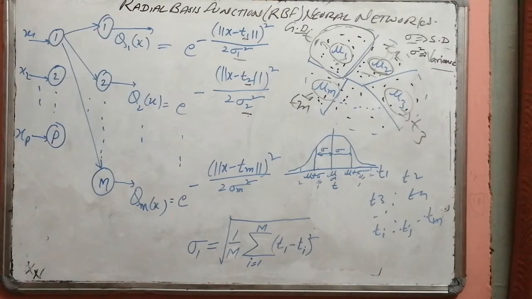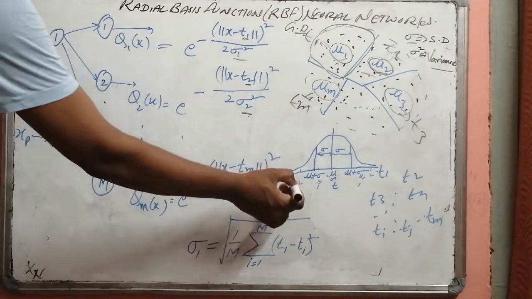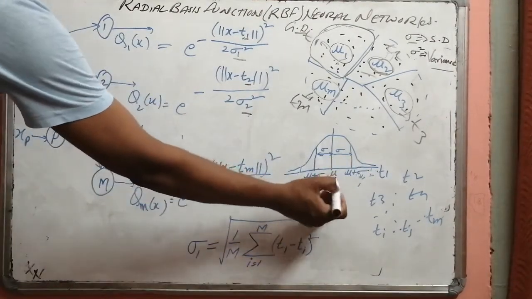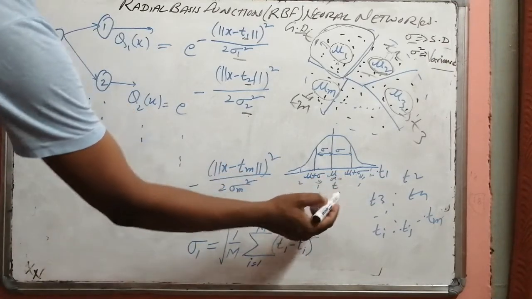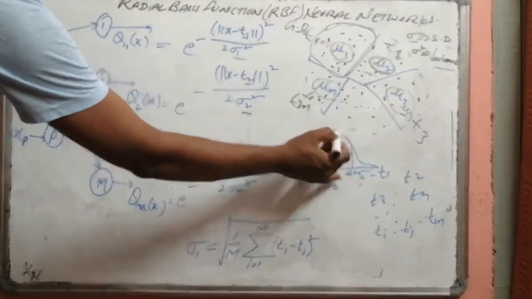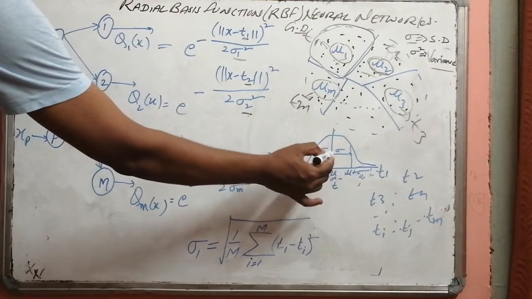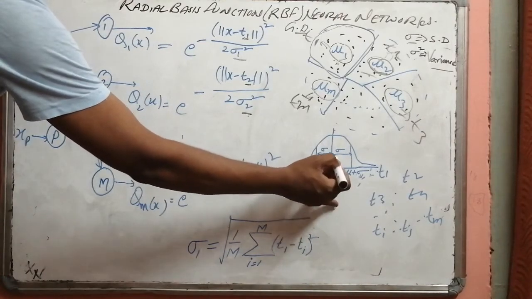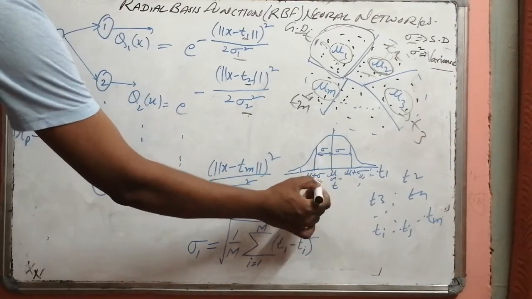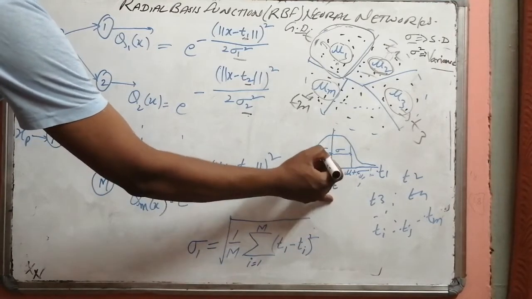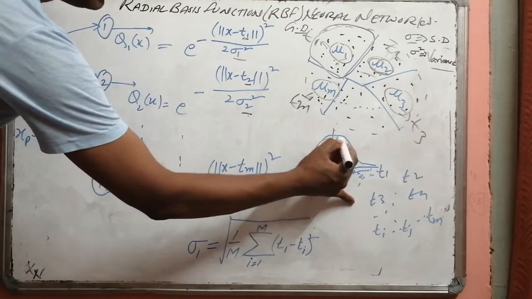Now let us look at some more details about the Gaussian distribution. The Gaussian distribution, as we all know, follows this behavior. Here this represents mu, or you can say the mean of your Gaussian distribution. The standard deviation, mu plus sigma when sigma equals 1, covers almost this area.